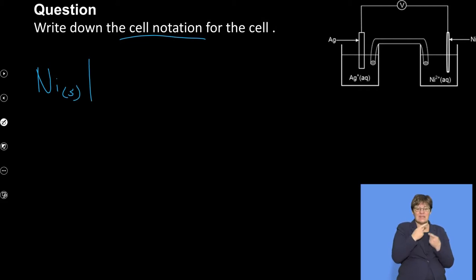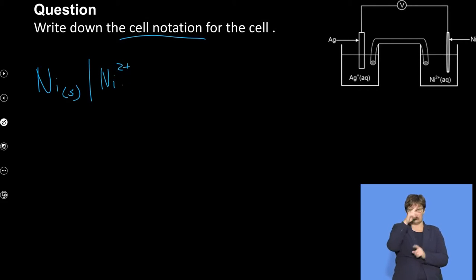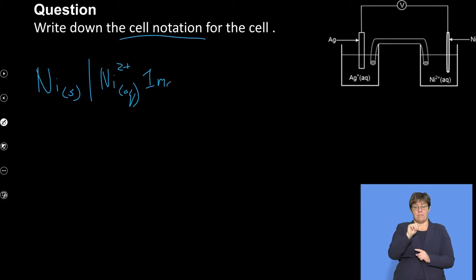Then we put a line to indicate there's a difference between the electrode and the other phase. And here we're going to say it's nickel 2+ solution, which is an aqueous solution, and because it's at standard conditions, we're going to say it's 1 mole per decimeter cubed. Now you can change the 1 mole per decimeter cubed to molar, that's fine.